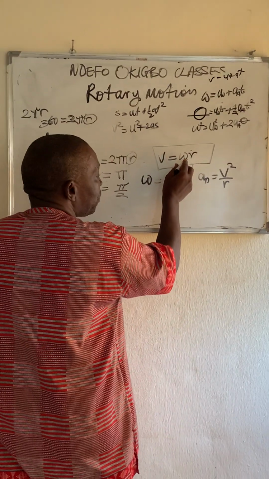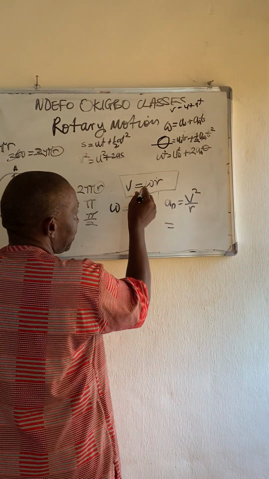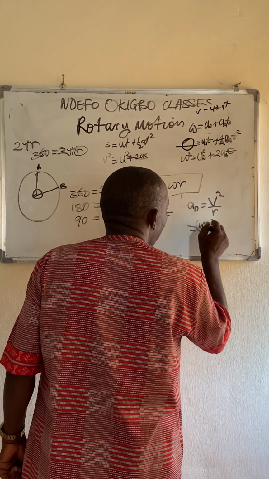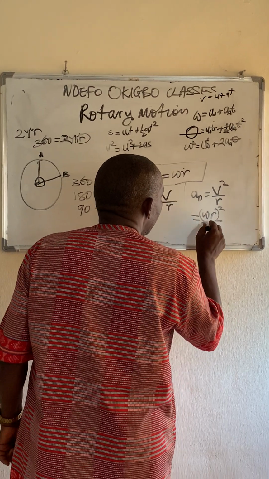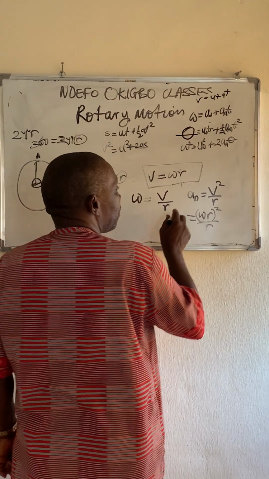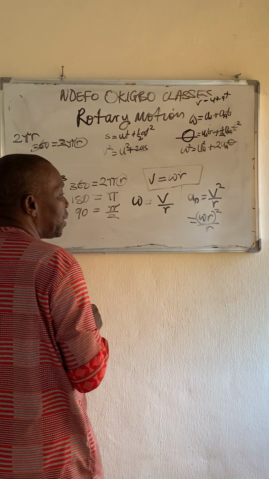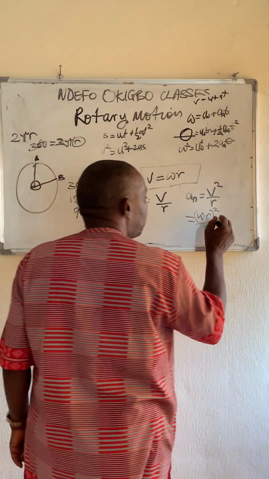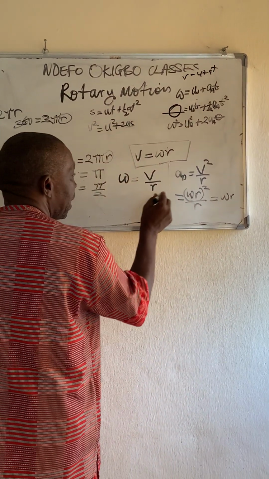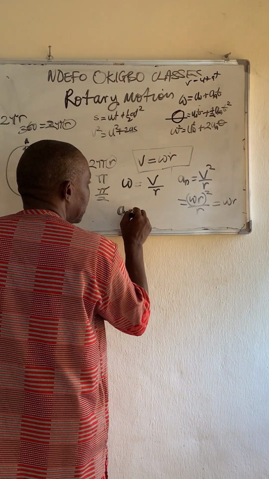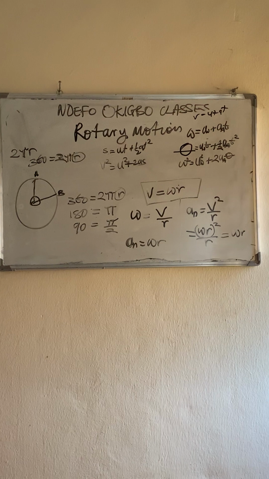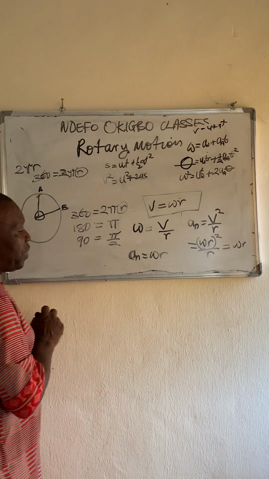And we have that v is equal to w r, which means it will be equal to w r squared over r. That is normal acceleration. It is equal to w r over r times w, which is equal to w squared r. We have now seen another value of normal acceleration: angular velocity squared times the radius.